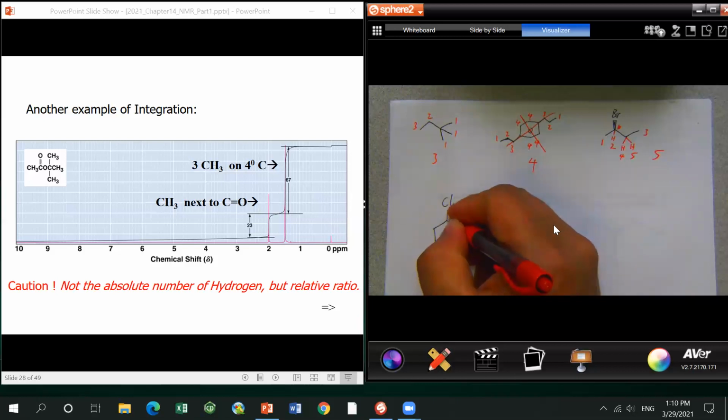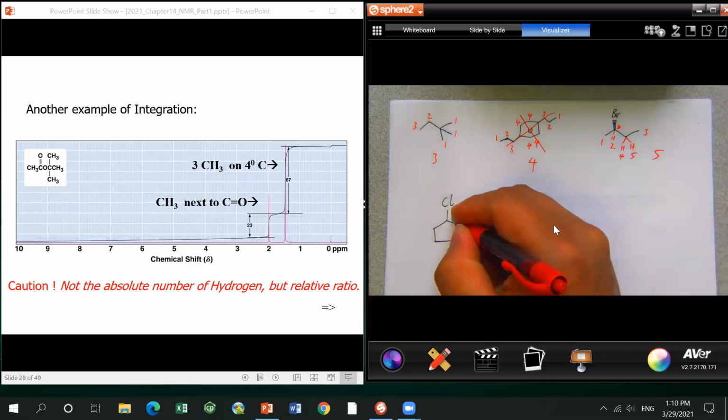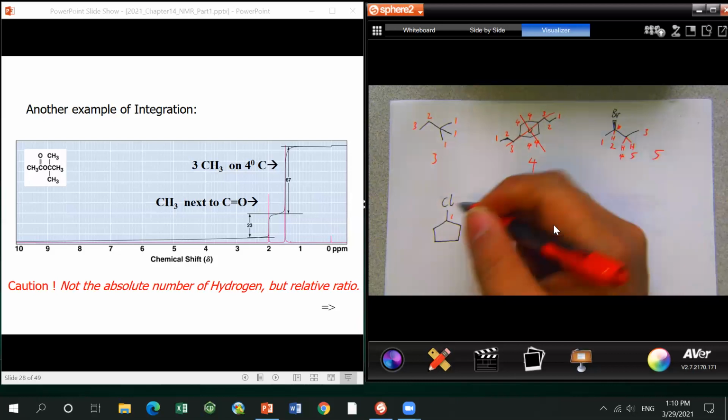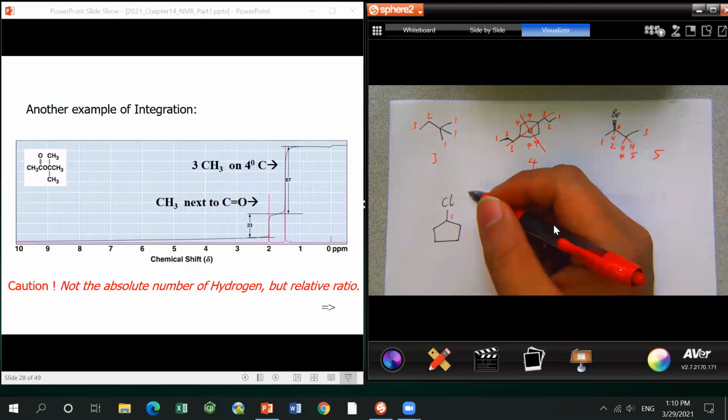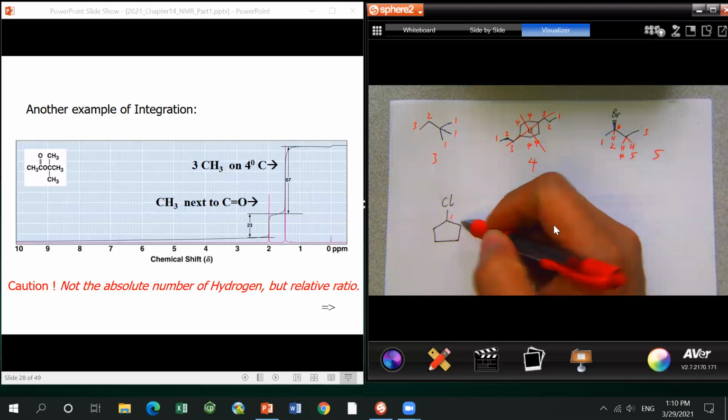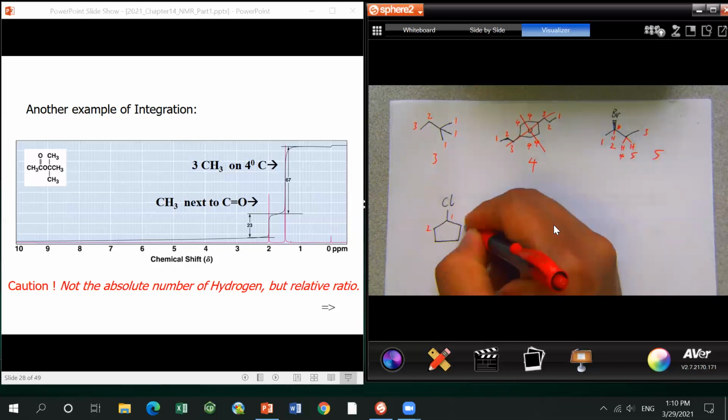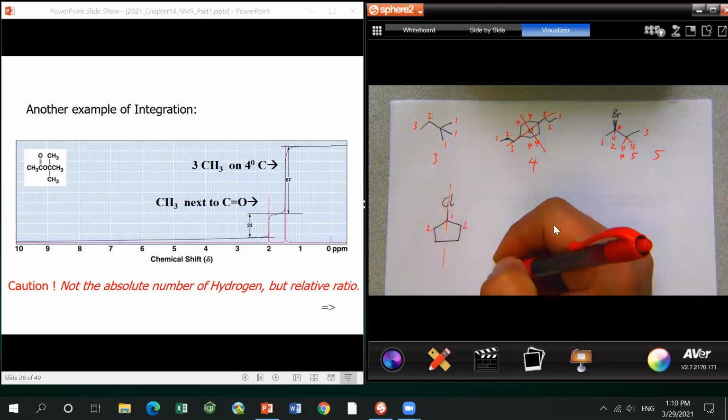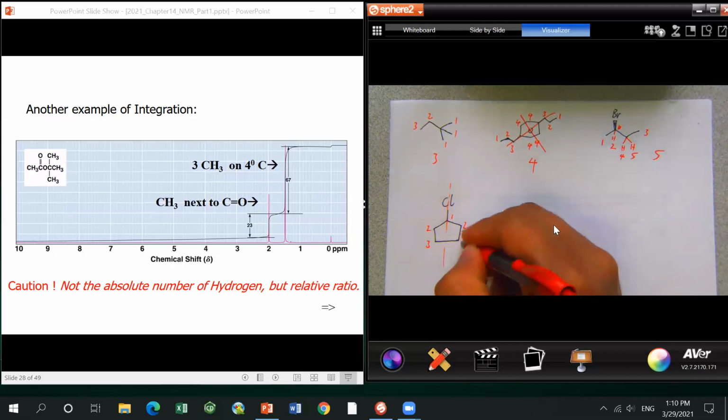There's 1 proton here, don't forget it. Each carbon has 4 bonds, and here there is only 1 bond, so there's 1 hydrogen here. Then 2, 2: these 2 are symmetrical to each other, there's a symmetry plane or rotating axis. And then 3, 3.